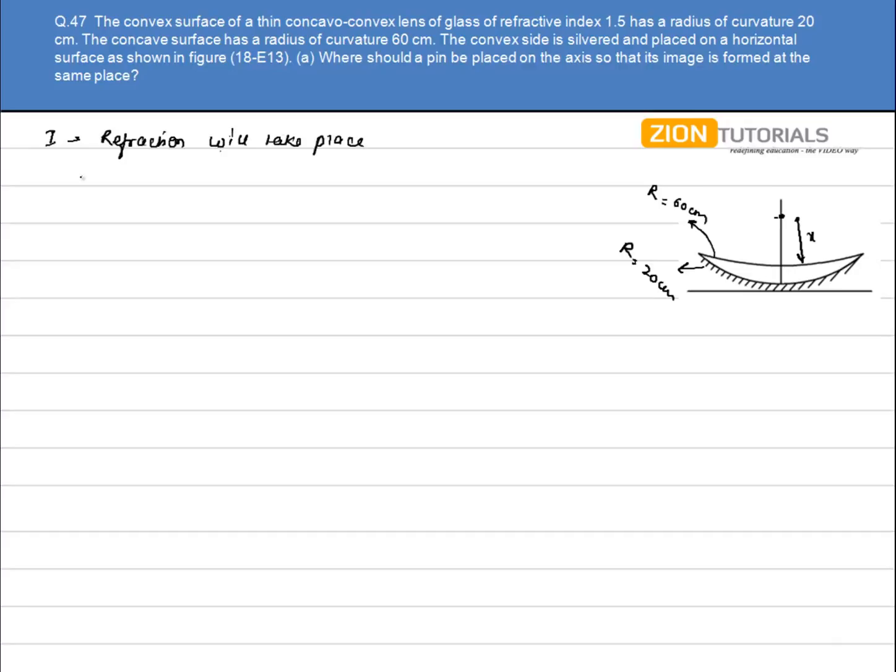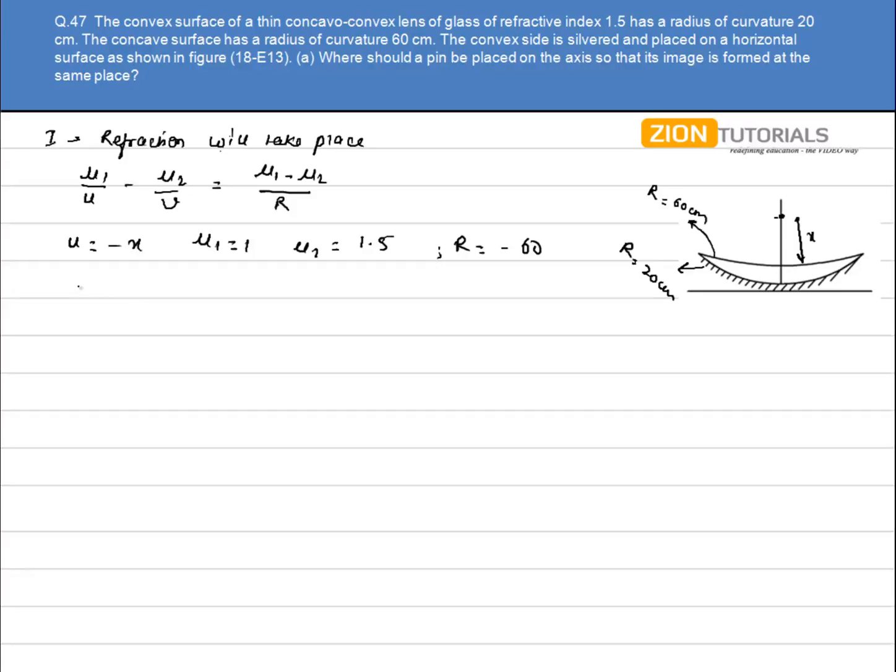So I'll use this formula, mu1 by u minus mu2 by v is equal to mu1 minus mu2 by r. So for this, the value of u will be minus x, mu1 is 1, mu2 is 1.5, and the value of r is minus 60.